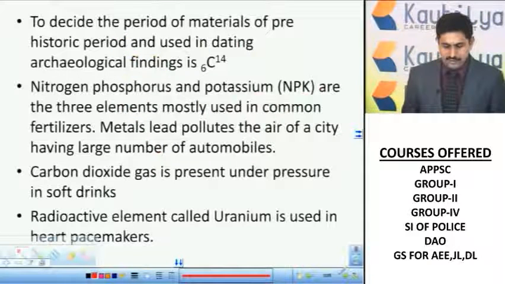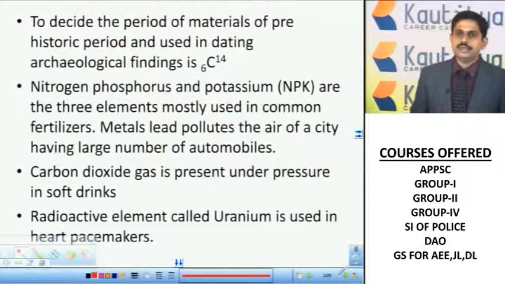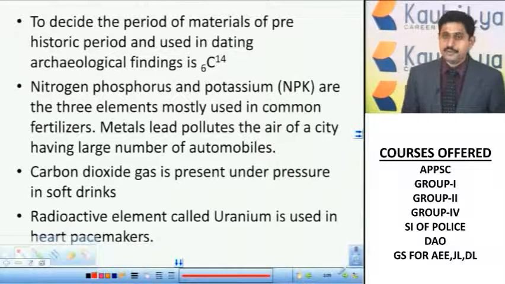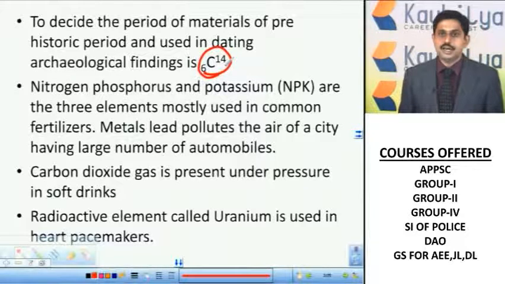For example, carbon dating is one process where you detect the age of a tree or archaeological objects. They use it to find the age of any bone, for example, the age of dinosaurs. It can be detected by using carbon dating. In carbon dating, the element used is carbon with atomic mass 14.